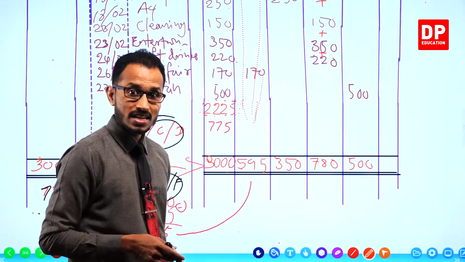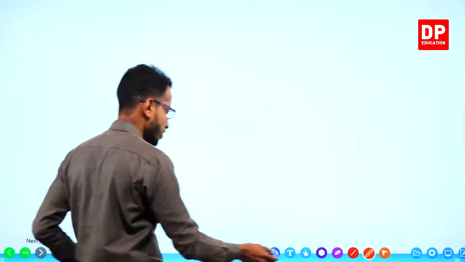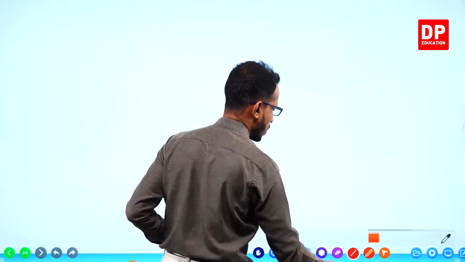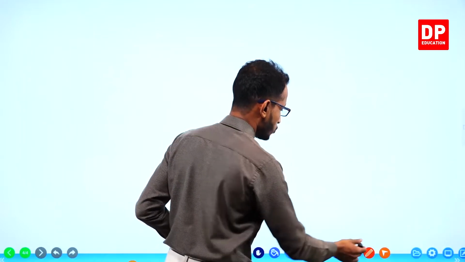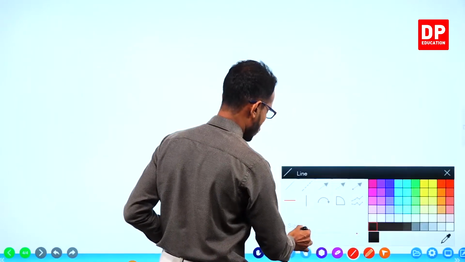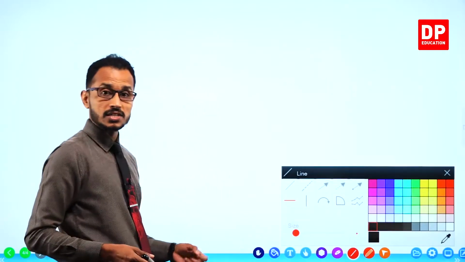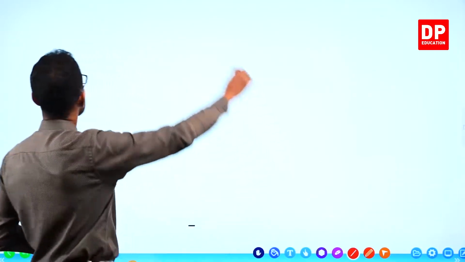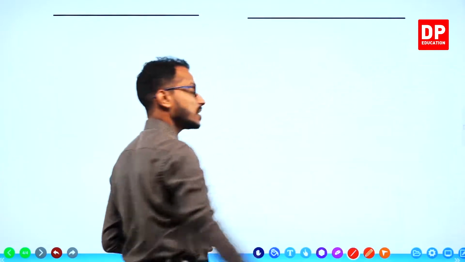Right, let's draw the ledger accounts. We have a blank page. I'm just going to draw the T accounts, children, the T formats, because it's going to take time. But you should draw the column formats of the ledger accounts. How many T accounts do we need?